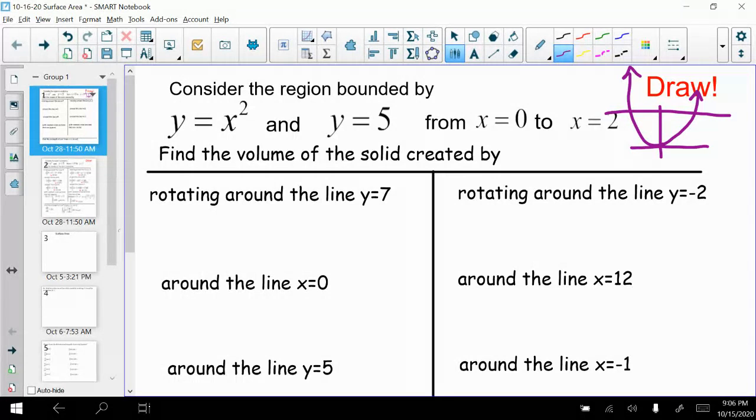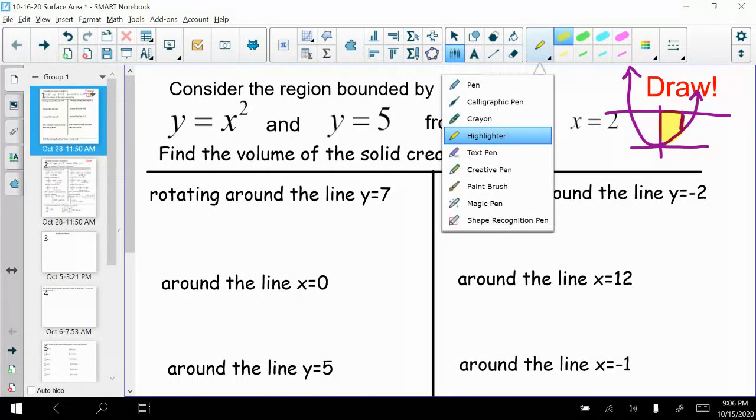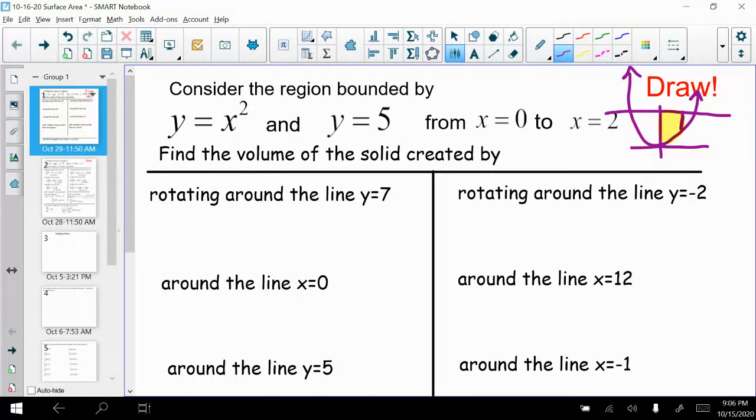From x equals 0 to x equals 2, we're just looking at this weird situation that gets cut off because it doesn't go all the way there. And then, of course, when you revolve it around these horizontal lines, these would be disk washer methods.